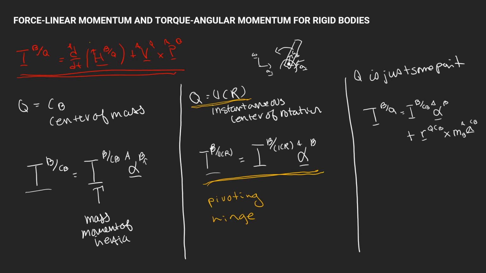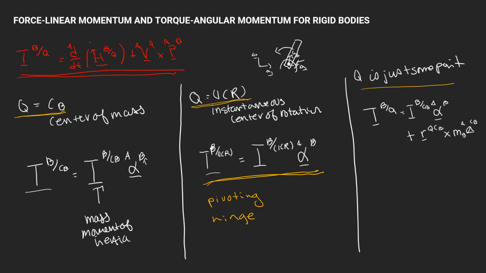However, if you're unsure where that center of rotation is, or for any other case, I would generally recommend that you use this form. Right? This setting Q equal to the center of mass, this is like your workhorse. It will always be simple and correct. So when in doubt, I would use this method here.